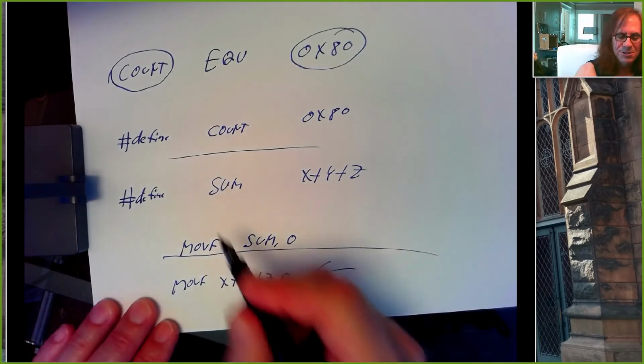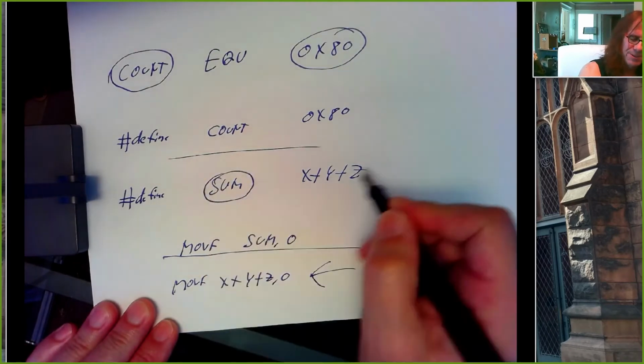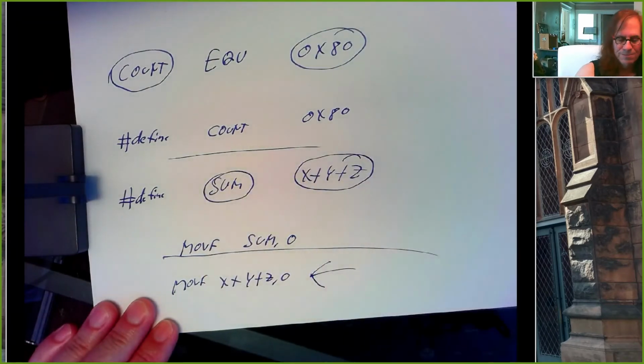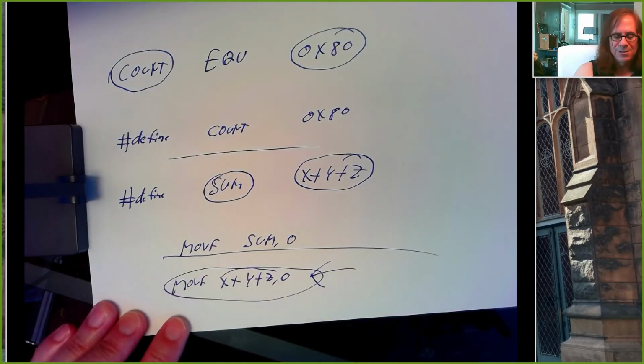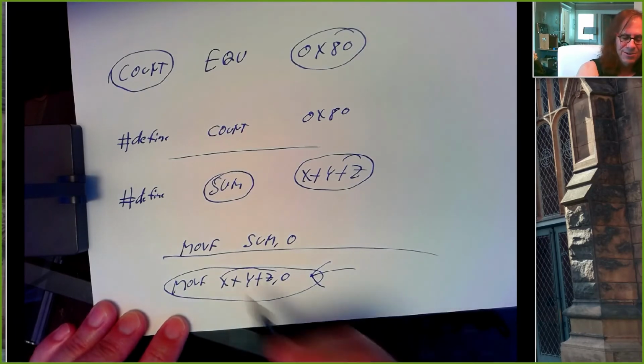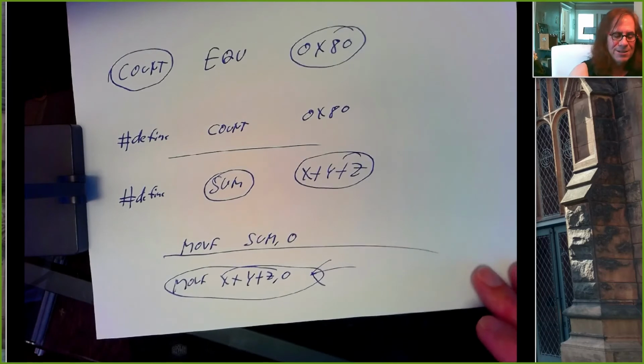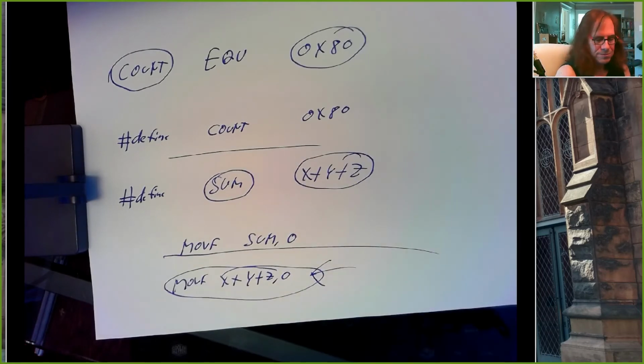So these things are just blind replacements. Anytime I see the word sum, replace it with that. But this is not valid syntax, right? There's no such operand as x plus y plus z, and doing this doesn't get you around that limitation. That's why it works in C and not in this language. Interesting. Yeah, exactly.